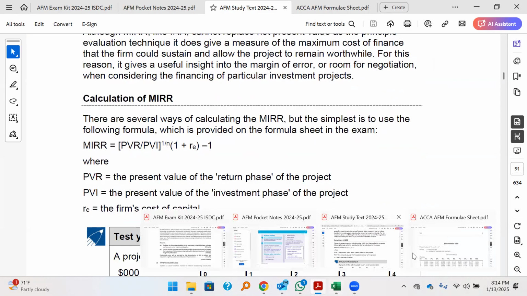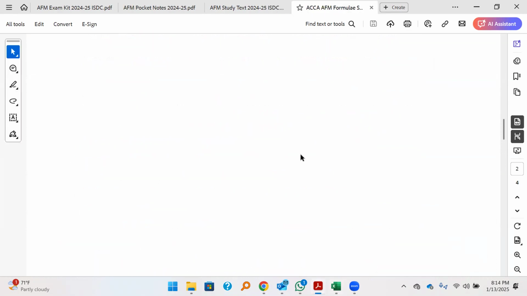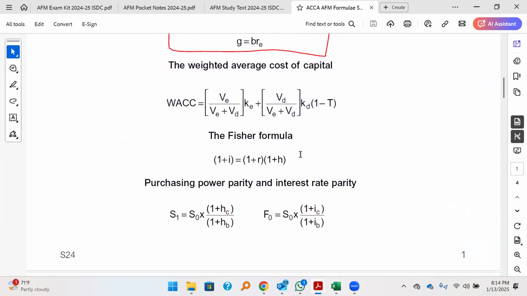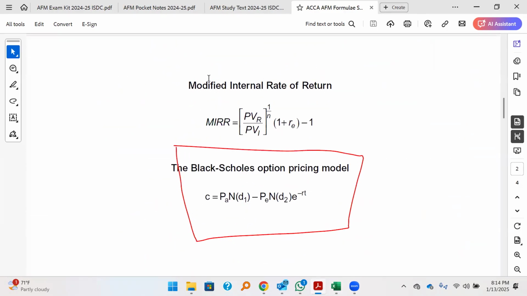If we go to the formula sheet, okay, it is here. Modified internal rate of return. So it's given to you. What you need to know about these formulas is that they don't tell you what the terms mean and how to use them.